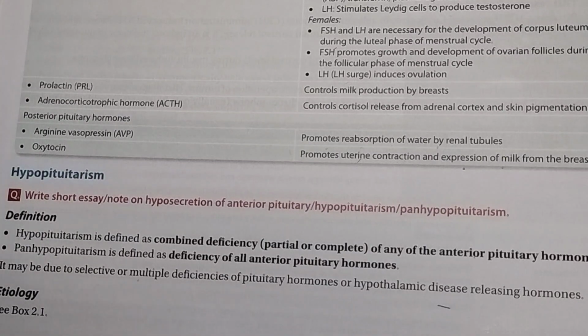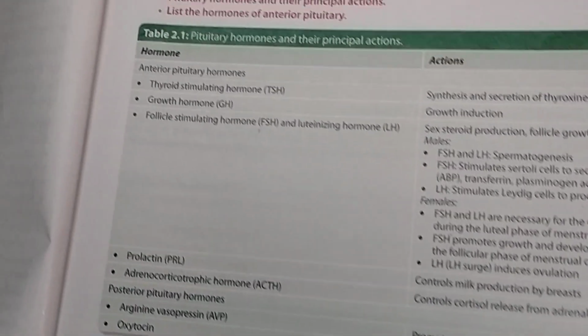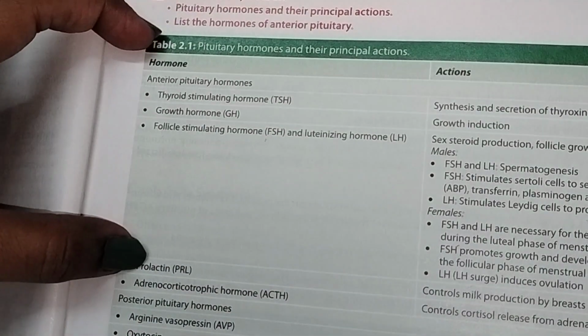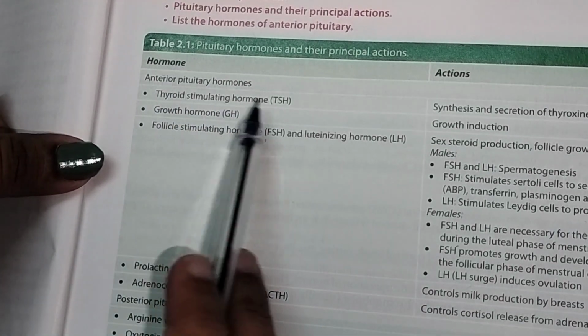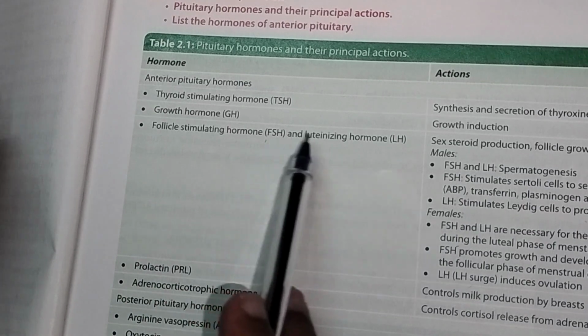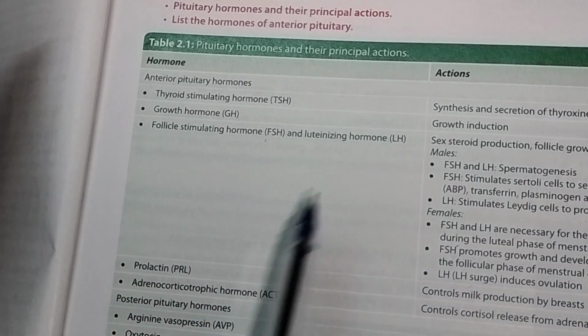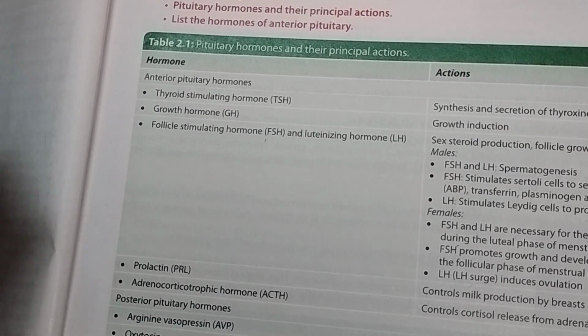Now the etiology is the same as what we studied in this portion: the anterior pituitary hormones, that is thyroid stimulating hormone, growth hormone, follicle stimulating hormone, luteinizing hormone, prolactin and adrenocorticotropic hormone.